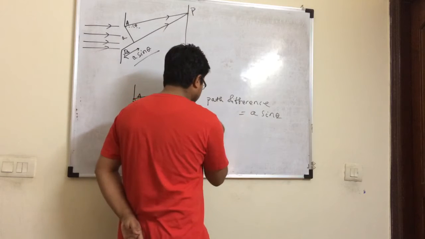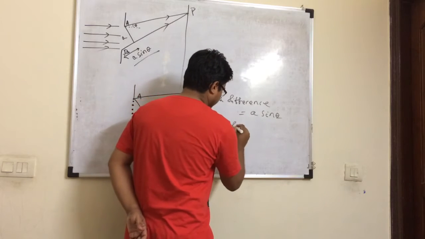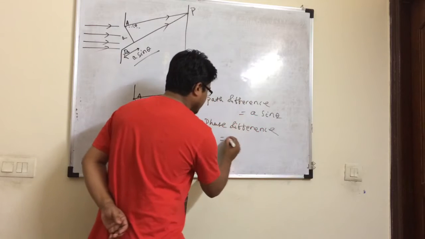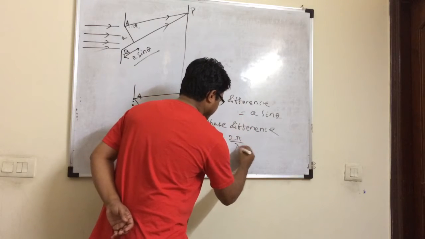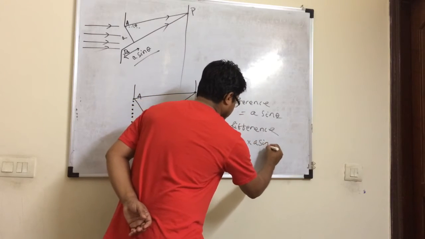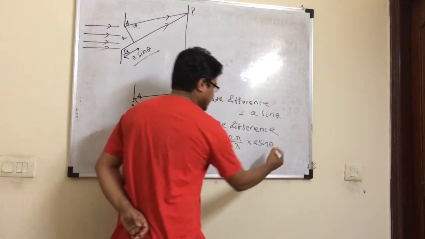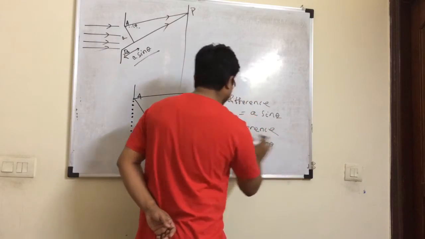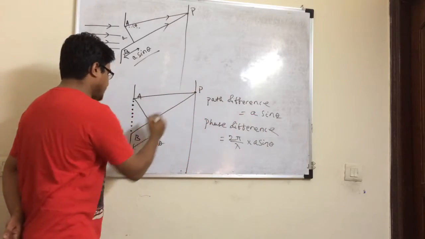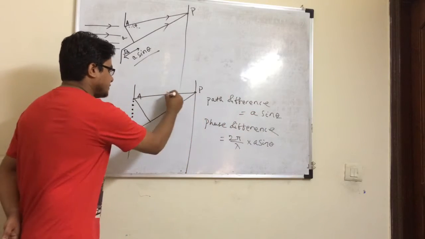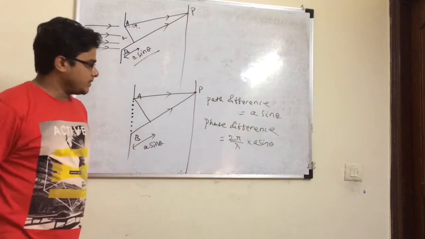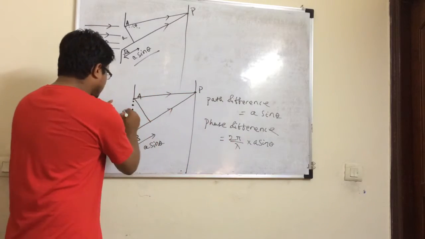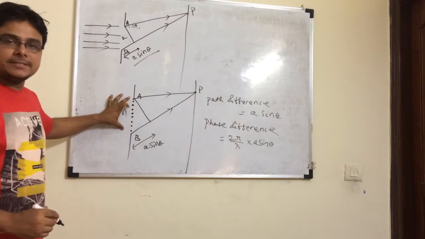So the phase difference can be written as 2 pi upon lambda into A sine theta, the path difference. Let's take this as the phase difference between AP and BP, the light rays moving from A to P and B to P. So there are n number of such secondary sources here.